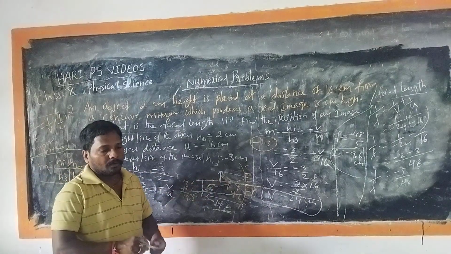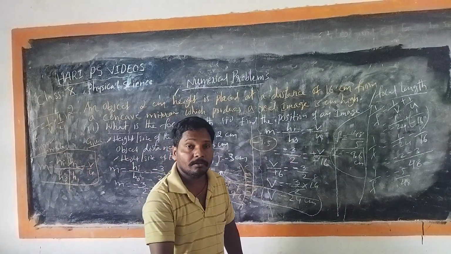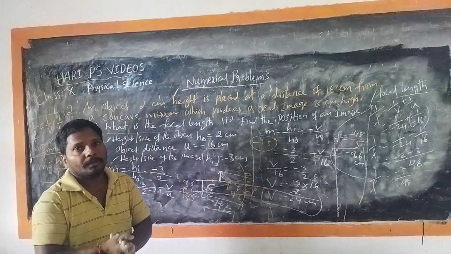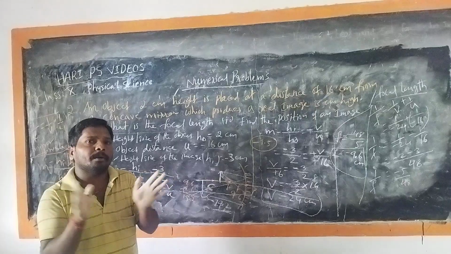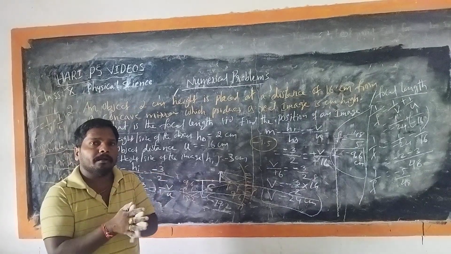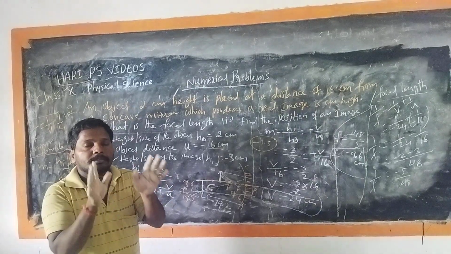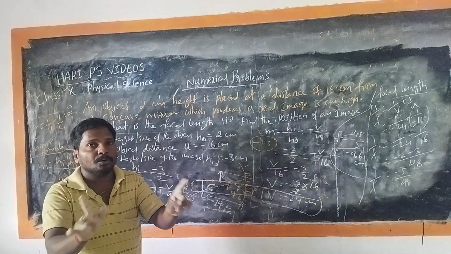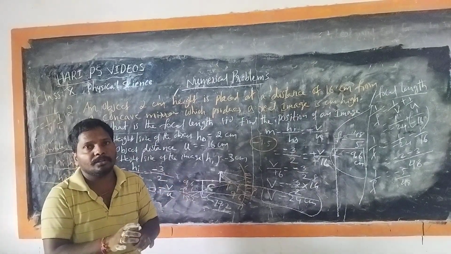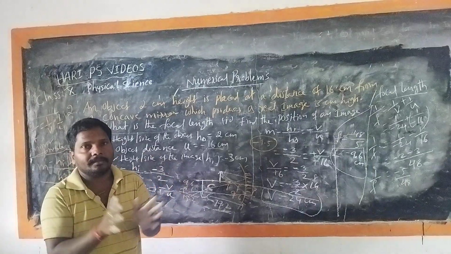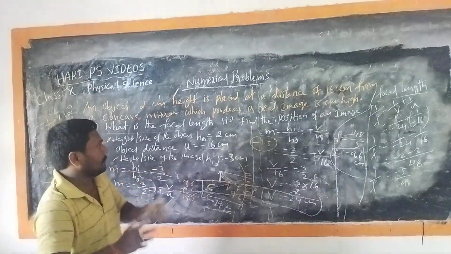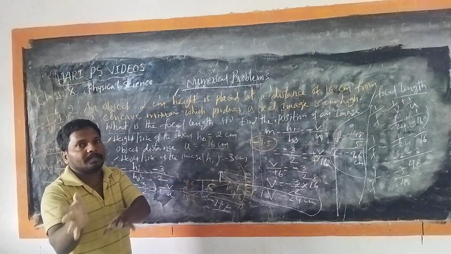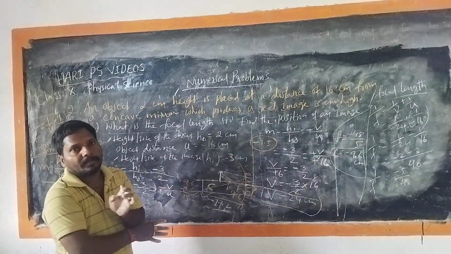In this way you have to find the given values. Numerical problems are very important. From the examination point of view, to solve the problems, once again I am telling you, the sign convention rules must be kept in mind, because you give plus or minus for the object distance and the image distance.